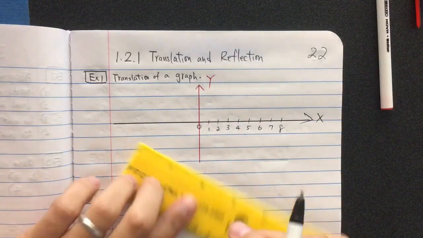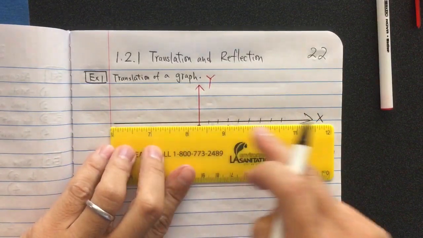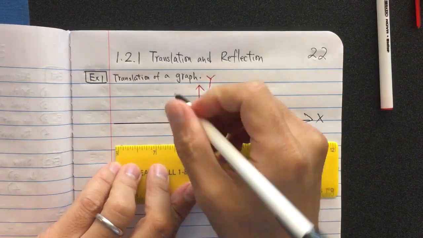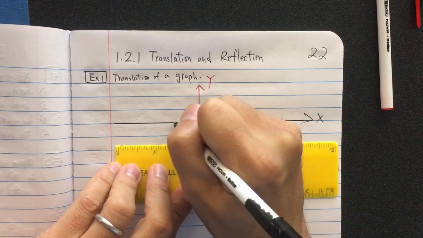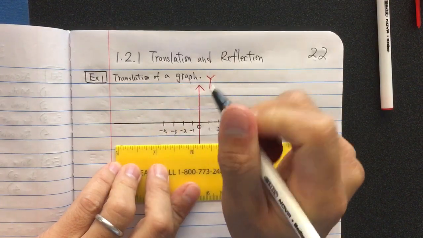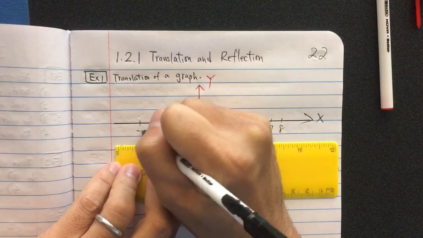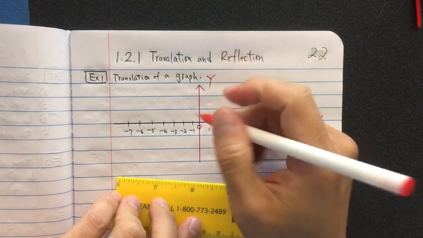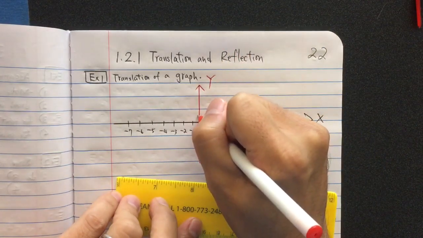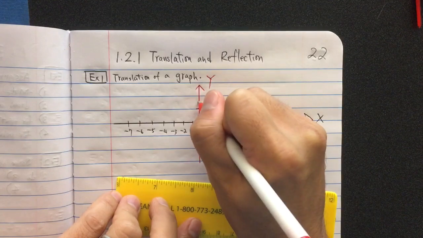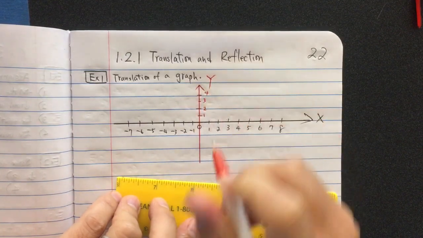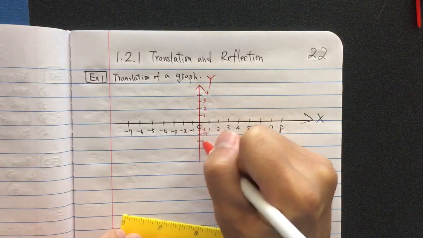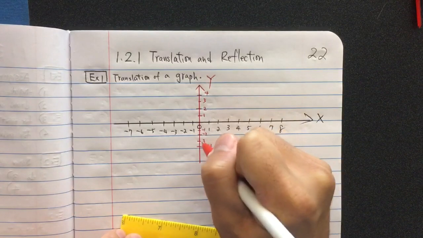On the left side, this is like a ruler. The number here is -1, not -10. -1, -2, -3, -4, -5, -6, -7. And for the y-axis, 0, 1, 2, 3, 4, and -1, -2, -3, -4.